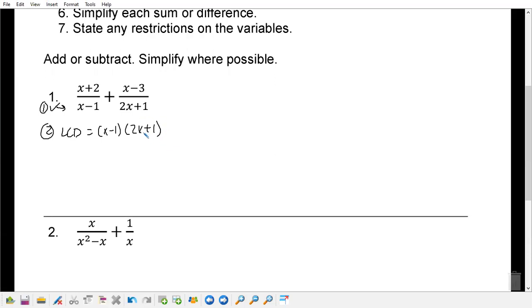Well, what would my quotient be? So what factors are missing is what we're trying to figure out. Looking at this denominator and this LCD, I already have x minus 1. What factor am I missing? I'm missing 2x plus 1. So if I was to divide x minus 1 times 2x plus 1 by x minus 1, my quotient would be 2x plus 1.